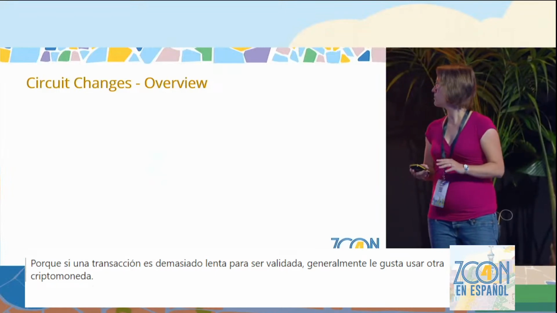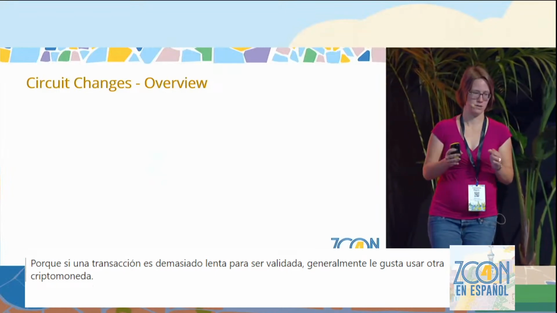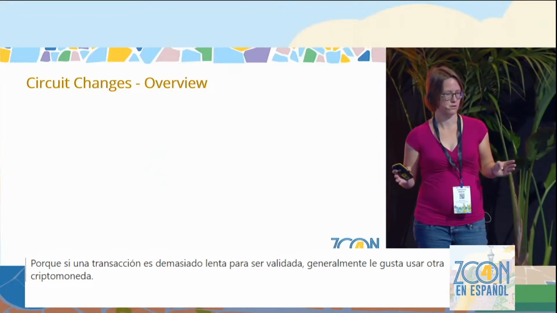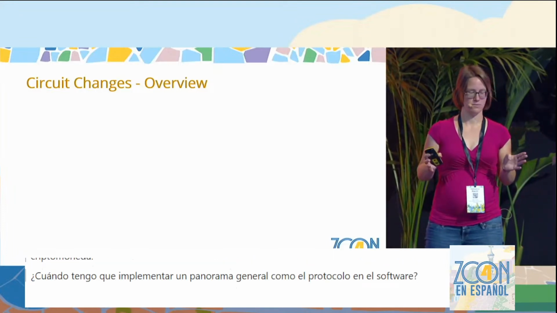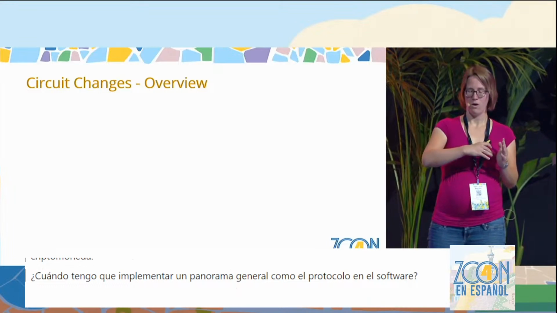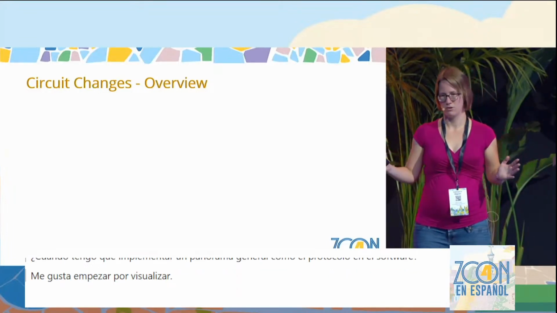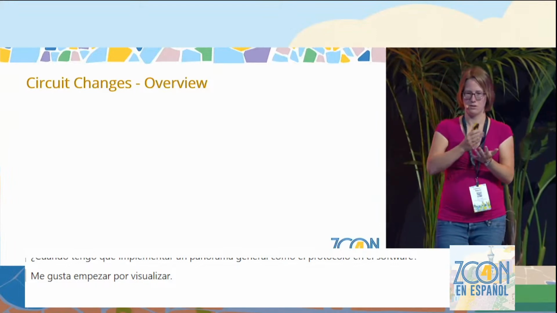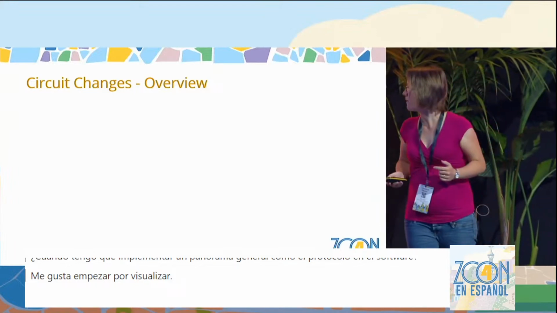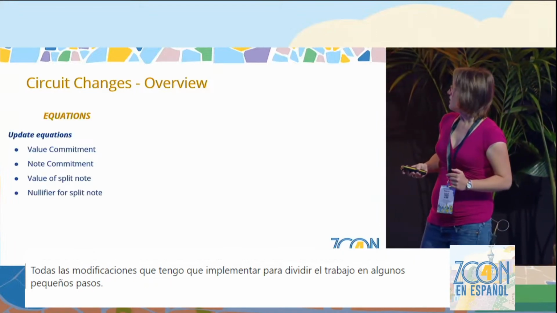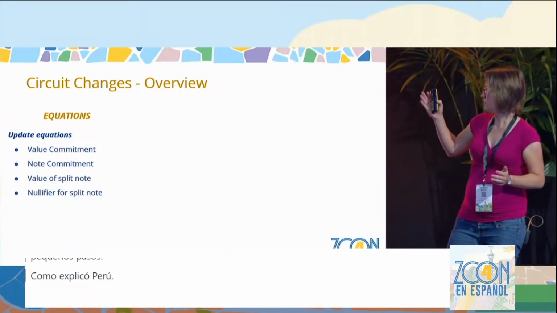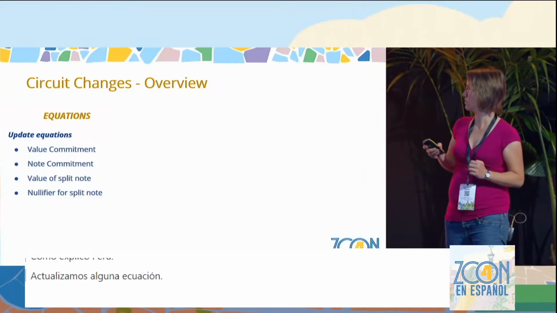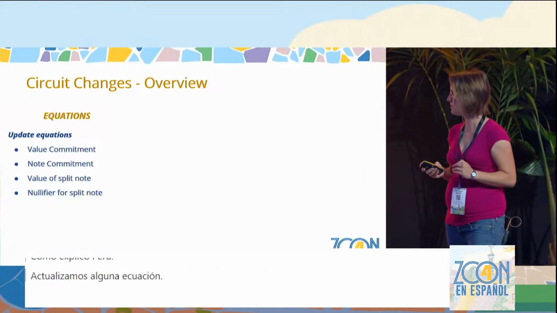When I have to implement a big feature, such as the ZSA protocol in a software, I like starting by visualizing all modifications that I have to implement in order to split the work into small steps. As explained by Pablo, we updated some equations. So now in the value commitment, we have the asset.